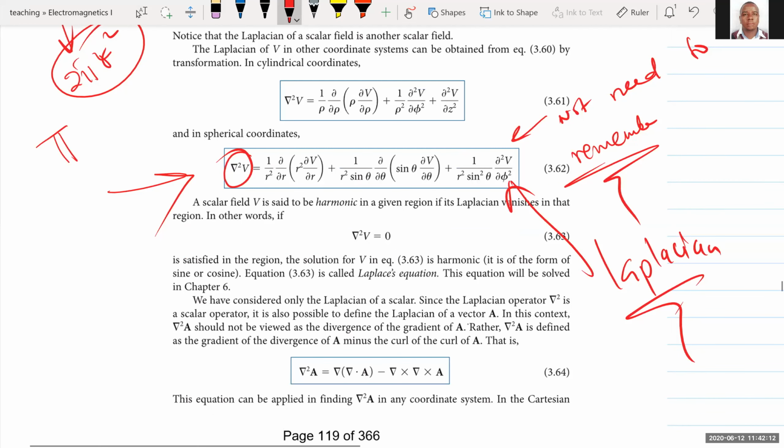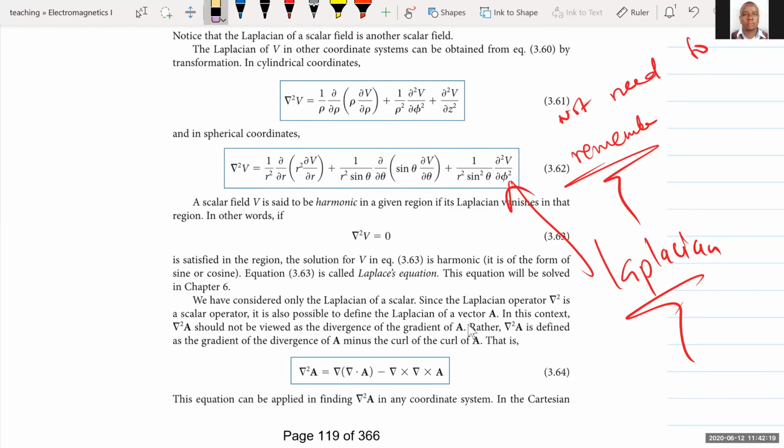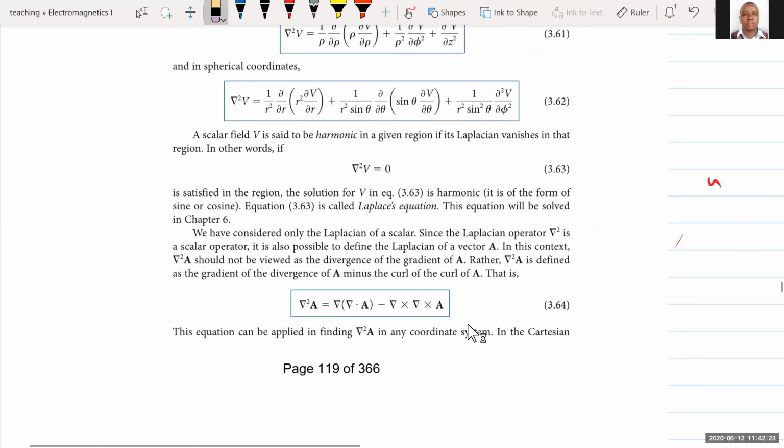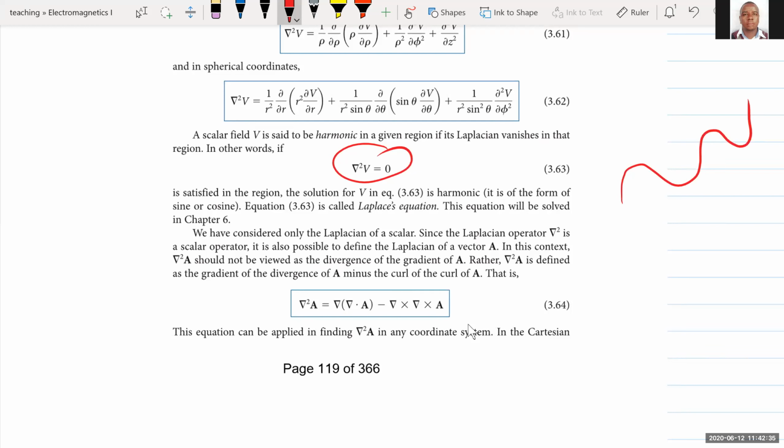So last but not least, to mention that the Laplacian of a scalar field V, which is harmonic, is 0. This is what this equation says. I mentioned that if this is a scalar component, this is the concave part, which is positive.